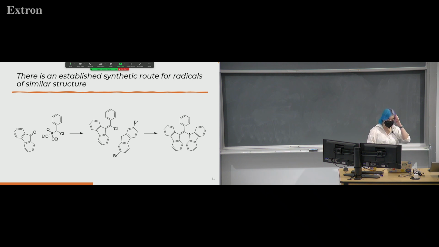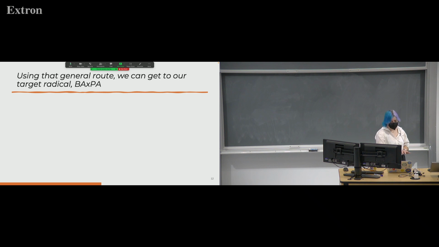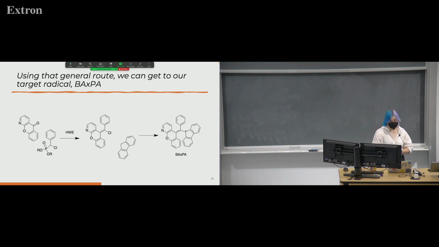And so following this kind of route with our specific target radical, we aim to start with azaxanthone reacting with a chlorobenzyl phosphonate compound using the Horner-Wadsworth-Emmons reaction. We should be able to get to our also chlorinated tetrasubstituted alkene, react that with fluorine, and get to our final target radical of BAxPA.